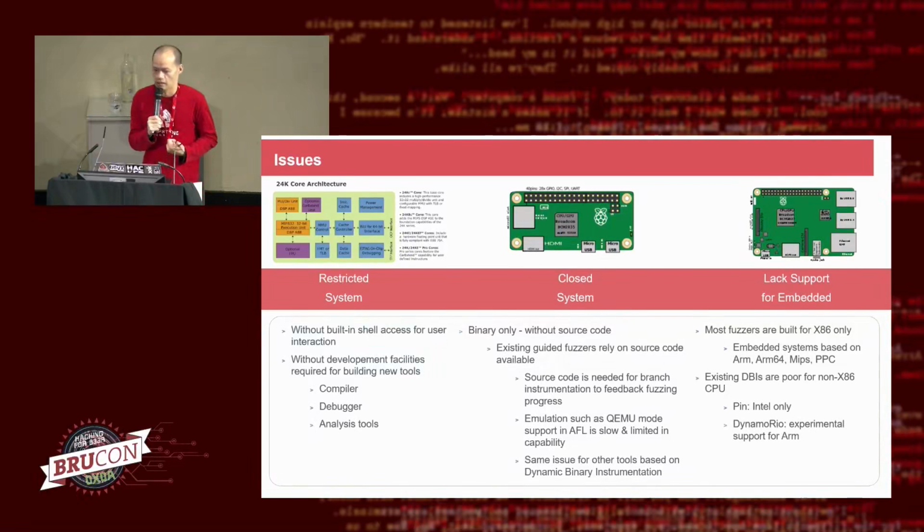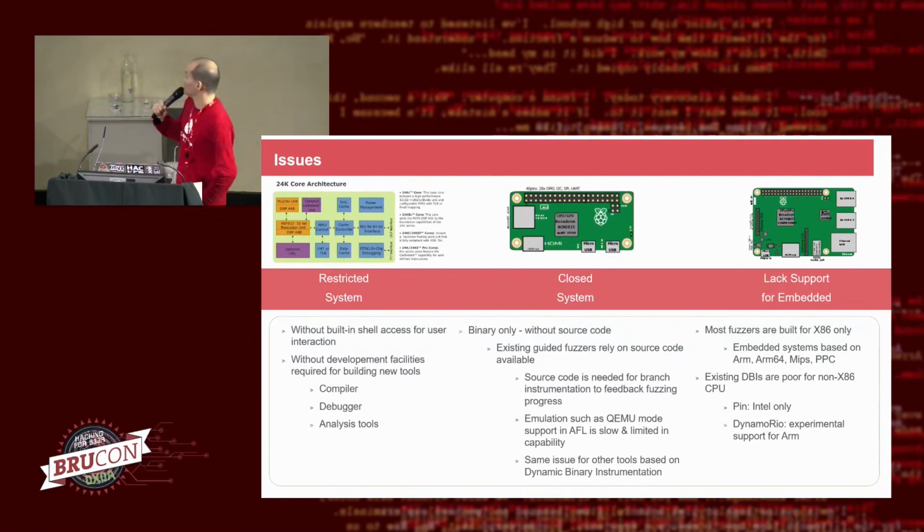To be fair, AFL supports binary fuzzing using an emulation mode like QEMU. But QEMU mode, when done on AFL for fast binary, is very slow, it's not reliable, it's very limited in capacities. And we share this issue with many other tools based on DBI.